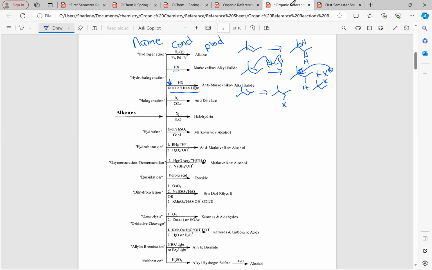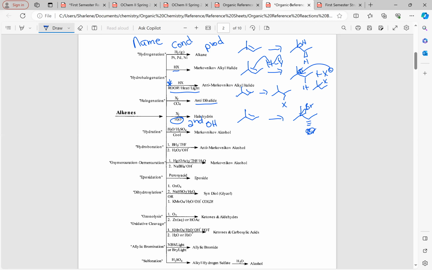All right, halogenation would break the pi bond and put, oh, I should have put an X, but I put a bromine in the anti configuration. So this one is an anti-dihalide. What if you have a competing nucleophile? The second one that goes on is going to be an OH, and so that would be a halohydrin.